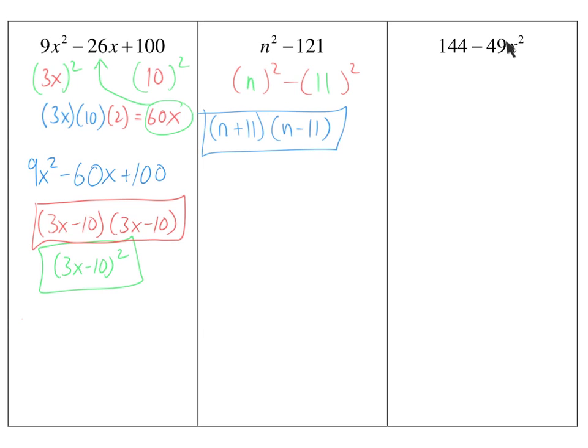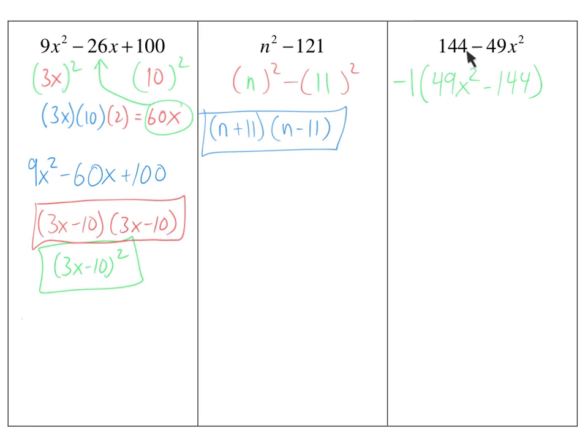Now for this one, same thing goes. We can notice, okay, is this a difference of squares? Oh, those are two squareds. But I like to have my x squareds positive, so I want to get rid of that negative. So I'm going to pull out a negative 1, and that would give me 49x squared minus 144.